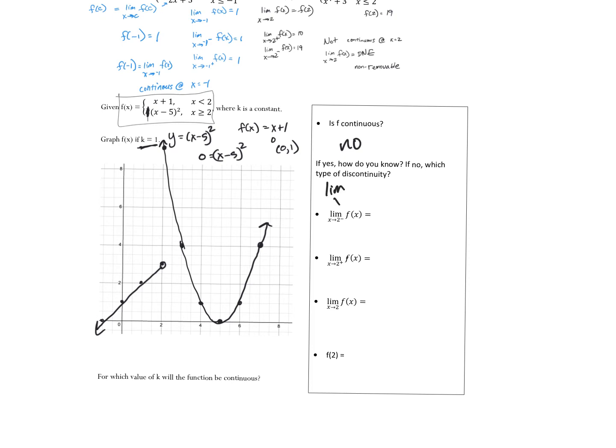Yeah, the limit as x approaches 2 does not exist. Now, that was if k was equal to 1. What if I ask you, hey, we've got to figure out what value we want for k? Oh boy, I really screwed up that graphing. There's no arrow here.